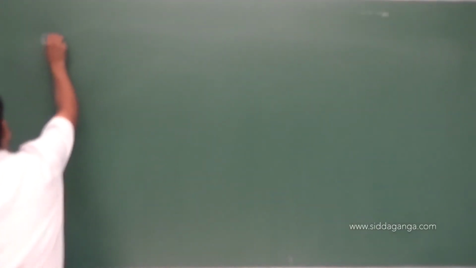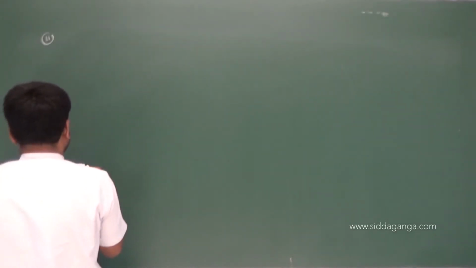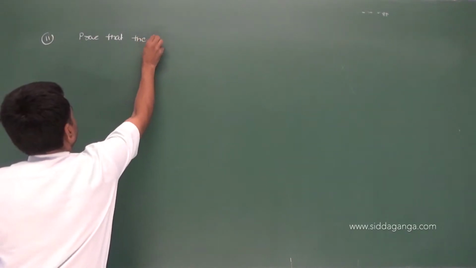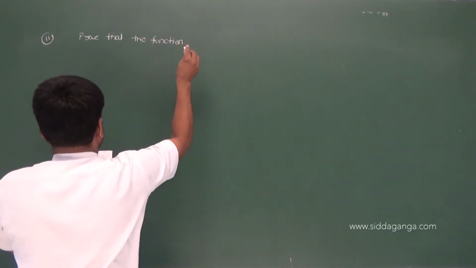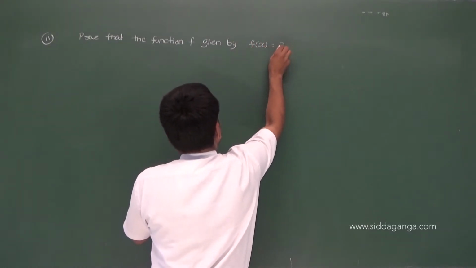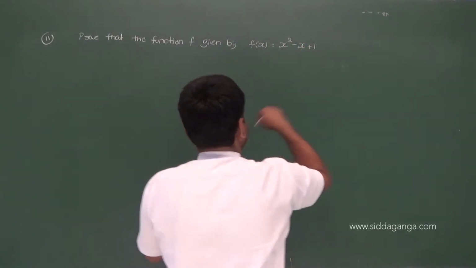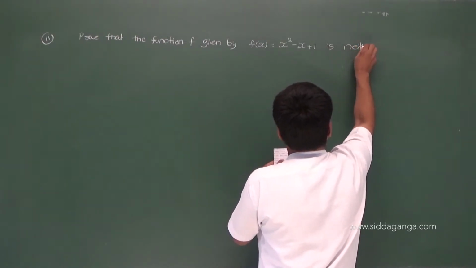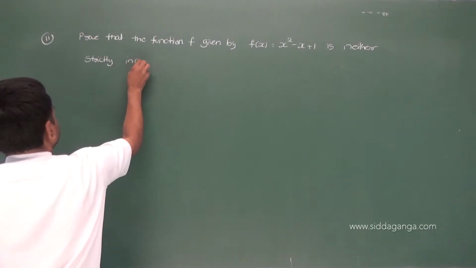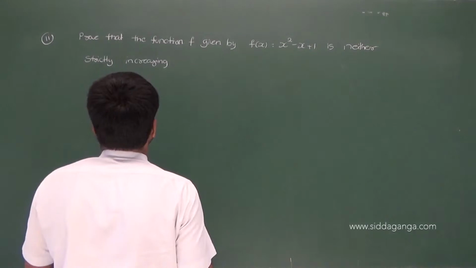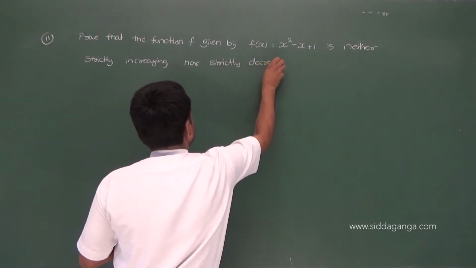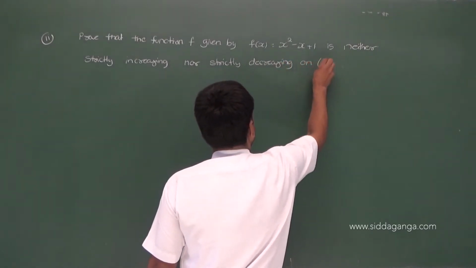So, 11th question. Prove that the function f given by f of x is equal to x square minus x plus 1 is neither strictly increasing nor strictly decreasing on minus 1 to plus 1.